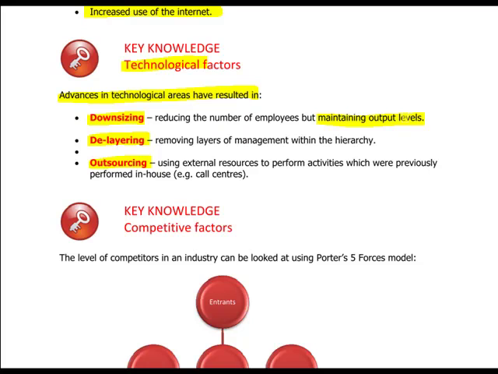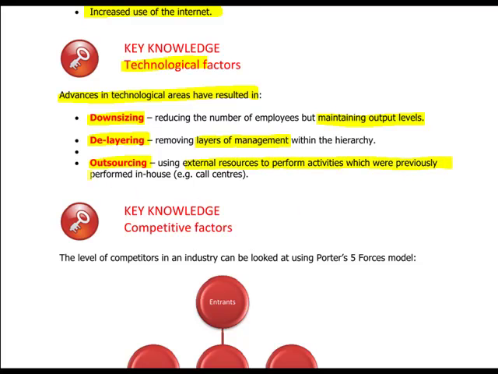So we have different layers within an organization and we remove those layers. Outsourcing means we pass internal activities to external providers. We use external resources to perform activities which were previously performed in-house. Call centers, for example.